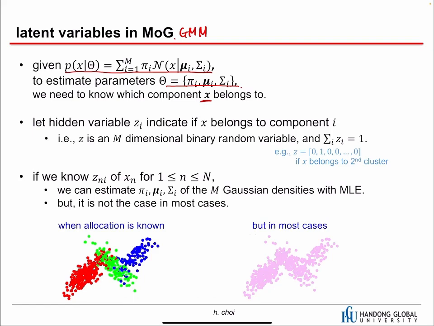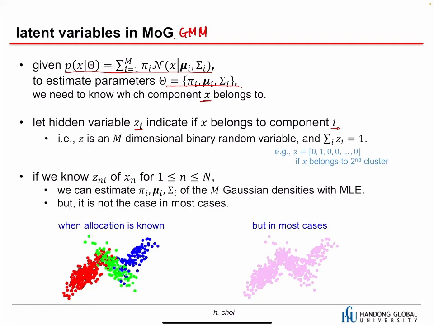So let a hidden variable z sub i indicate if x belongs to component i. We introduce a new variable z sub i. If x belongs to component i for sure, then z sub i is 1.